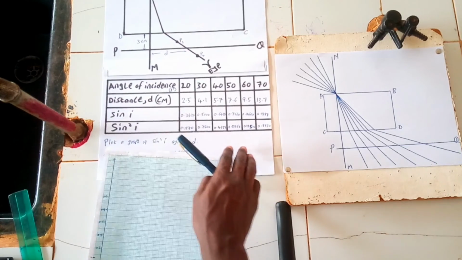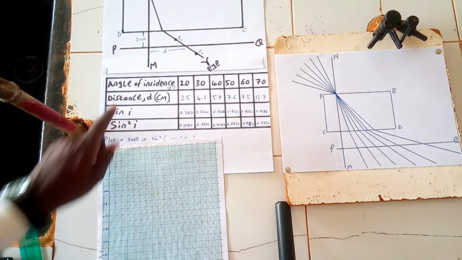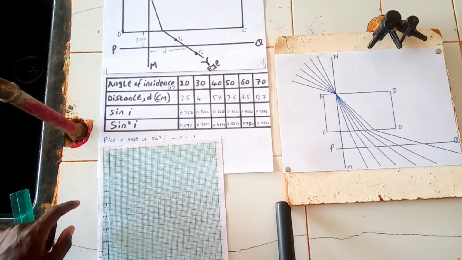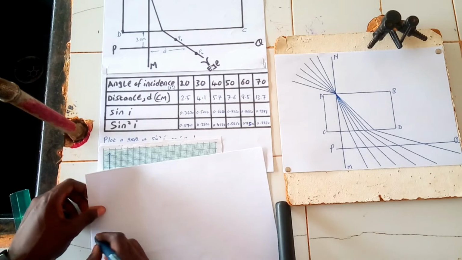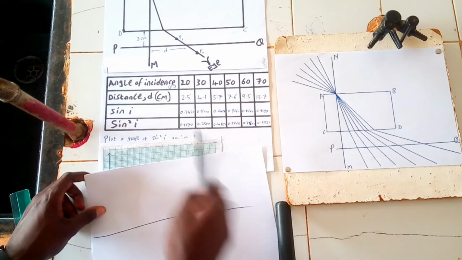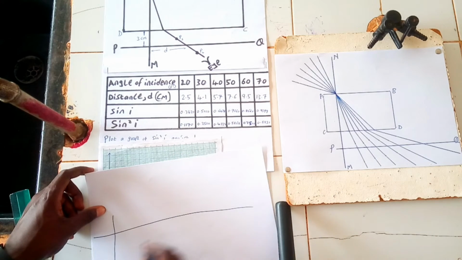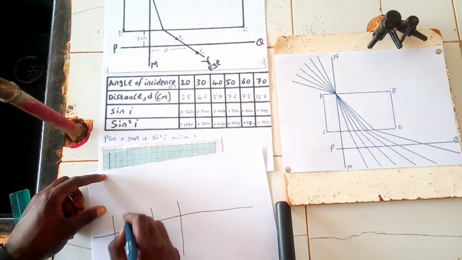So from there, we need to make these values in a plottable format, because we are working with d against sine squared. So let's form a small table which can help us to plot. These are 6 values.